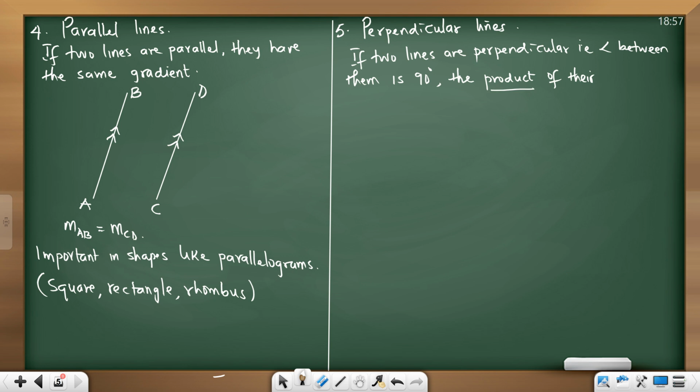Please, the product of their gradients, there are two, is -1.